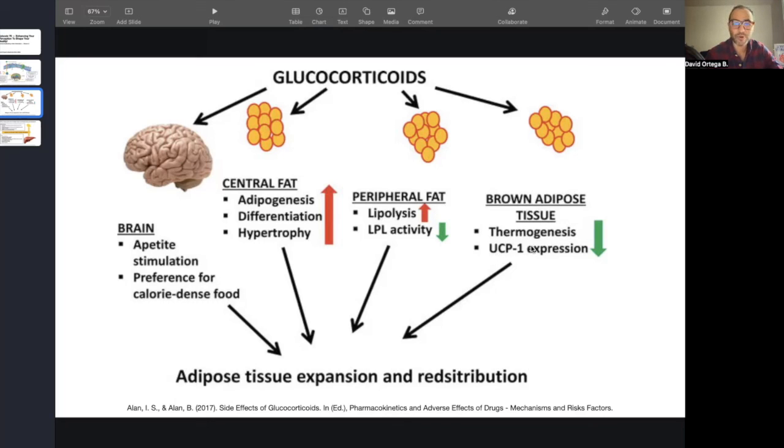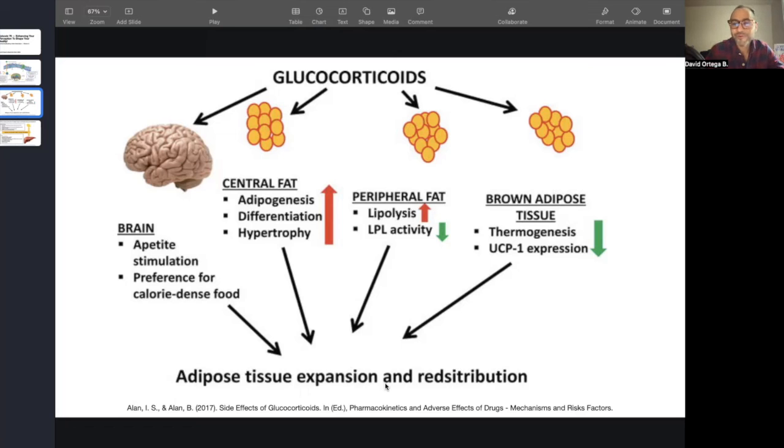This UCP1 protein is involved in the metabolism of fatty acids to produce energy. So you are not going to use your fat for energy. You are just going to store it in the worst ways. And this is going to cause adipose tissue expansion and redistribution, but it is all disrupted.